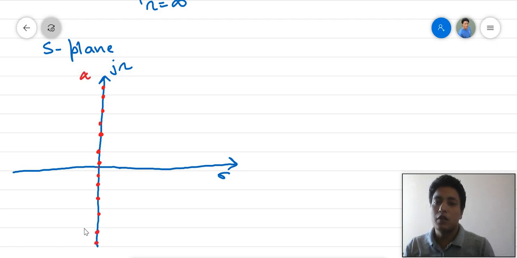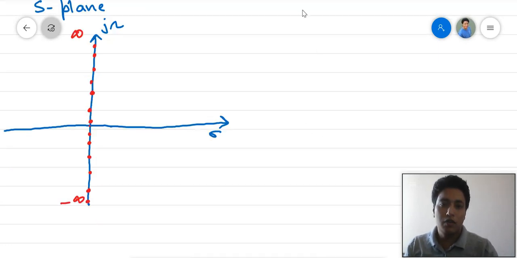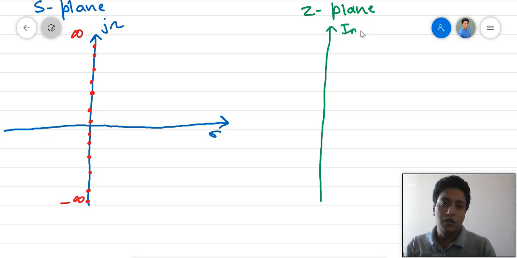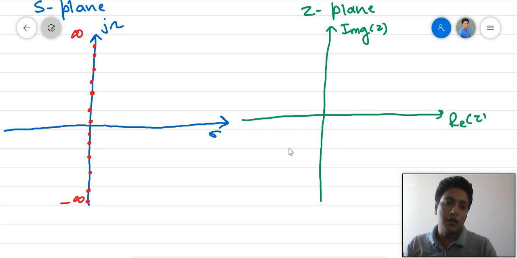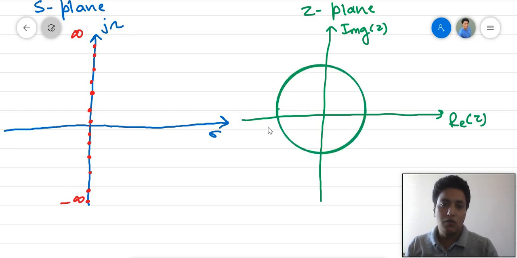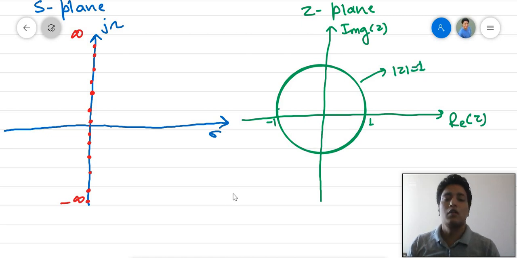Then we have the z plane, which in this case is imaginary z. Here it is real z, and then we have a unit circle. So it is minus 1, this is 1, and in this case it is mod z equals 1, right?